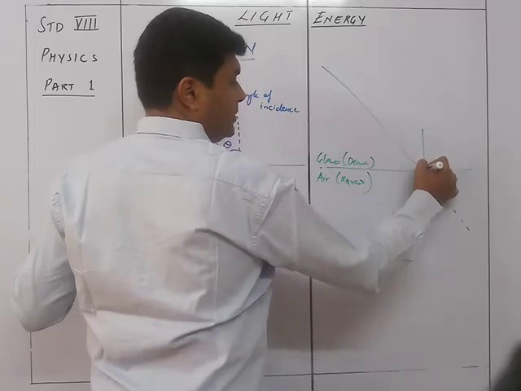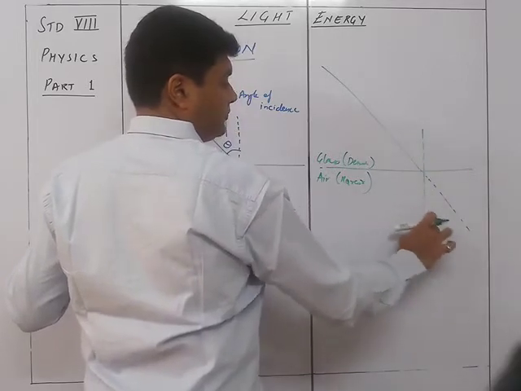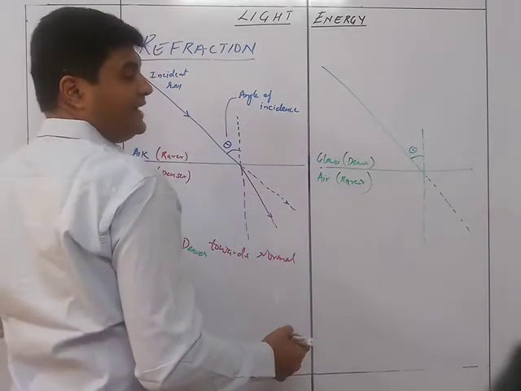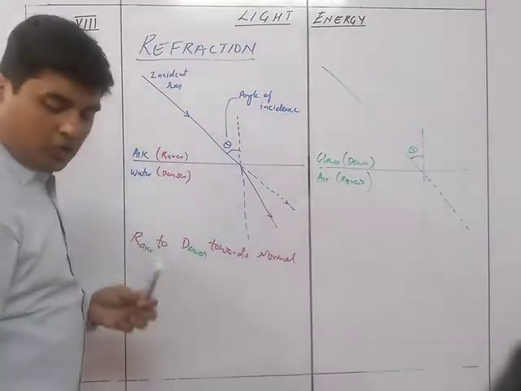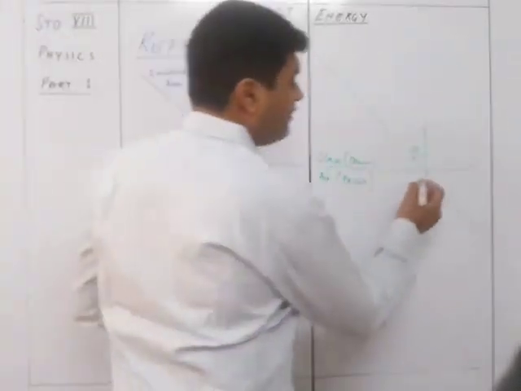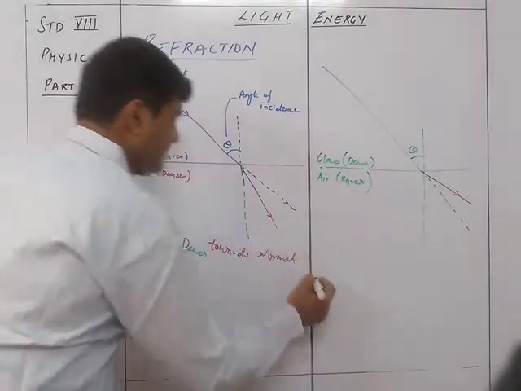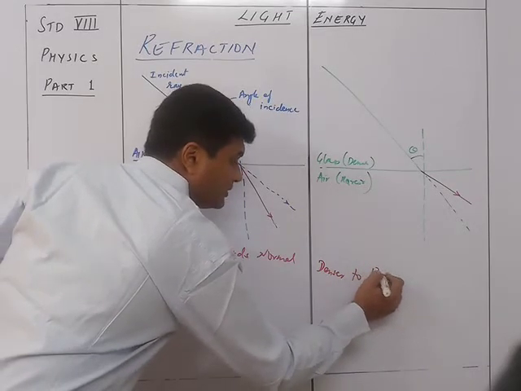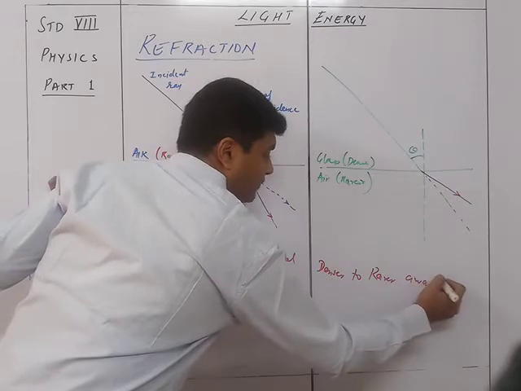This is the normal over here. So this is the angle of incidence over here. So it is seen that instead of going in a straight line, it is going to take a path which will be away from the normal. So this is denser to rarer, away from normal.